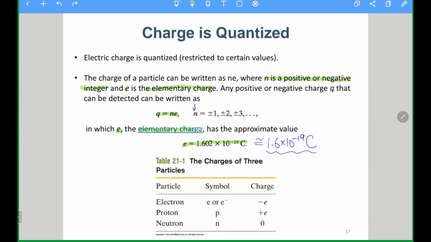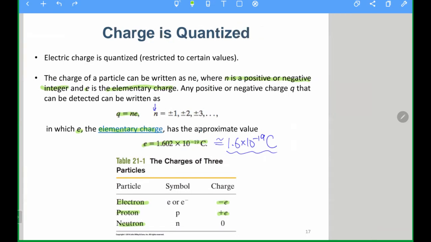It also mentioned electron. In chemistry class, you know electron, proton, and neutron. The electron has 1 unit of elementary charge with a negative sign, the proton has a positive e, and the neutron is electrically neutral.